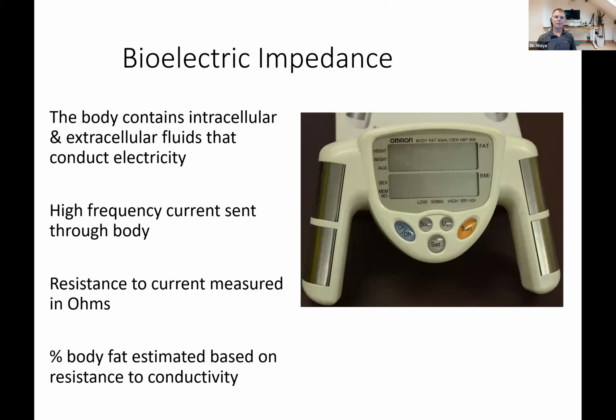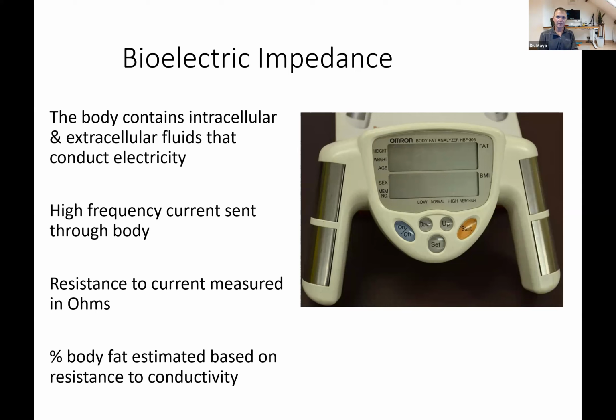So you don't want to overconsume. You just want a normal fluid intake, and honestly, I don't know what the procedure is like. You don't want to drink a couple hours before you come in, probably, is what they would tell you. But the hydration status would affect this, just like with the skinfold measures.